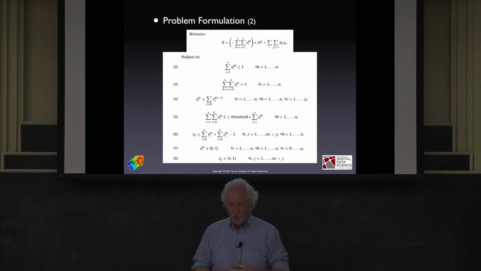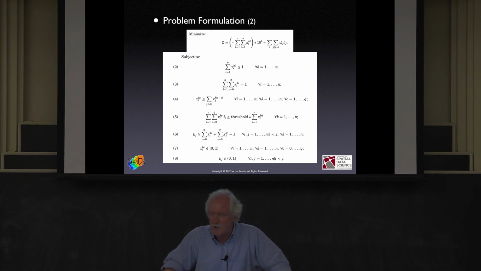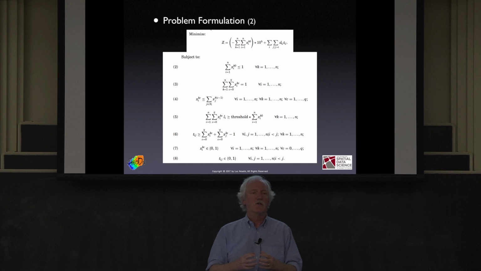And so I'll leave it up to you to figure out the other ones. The most complicated one, in my view, is number 4. And number 4 is complicated because it gets these contiguity orders in there, the c and the c minus 1. So that one basically, if you look at it hard and you put in zeros and ones, you see that it forces a string of contiguities.